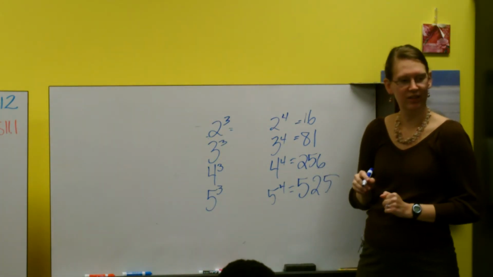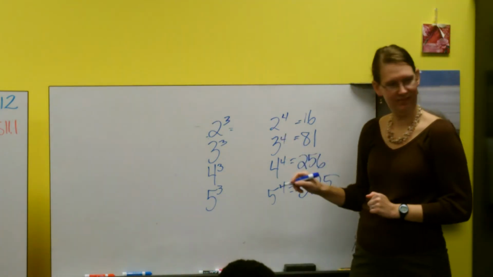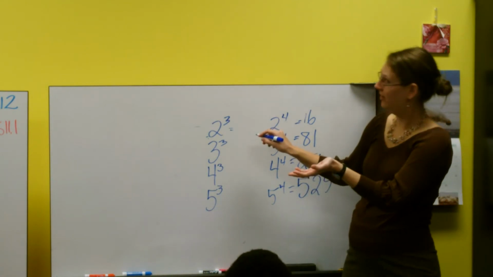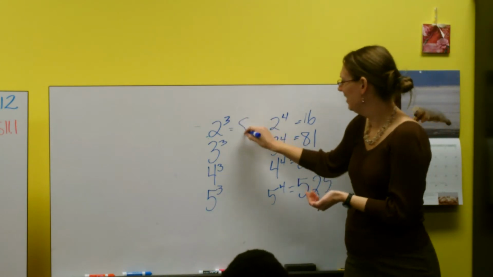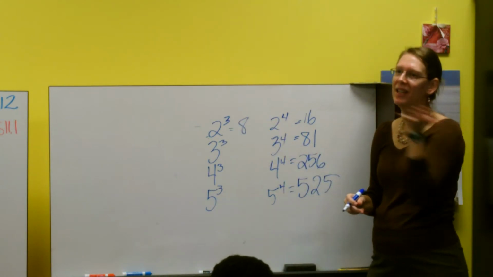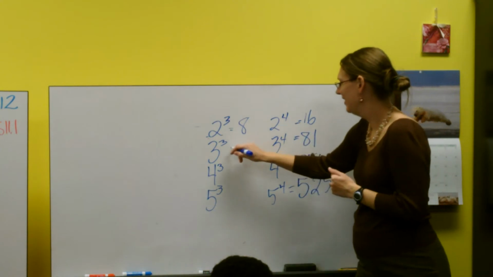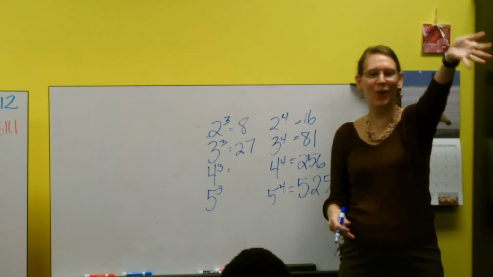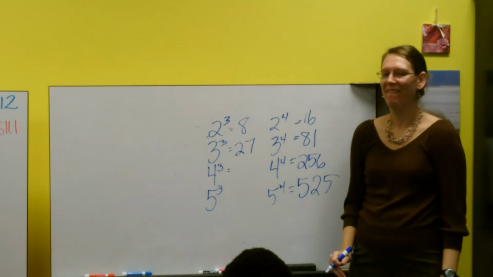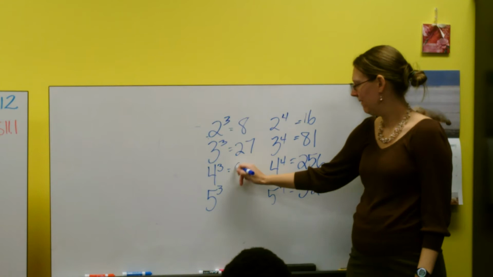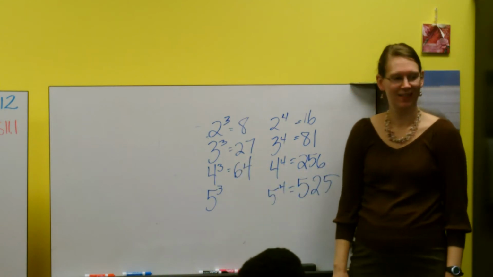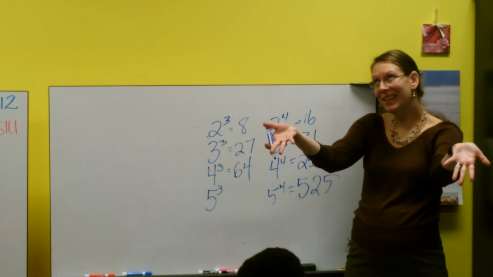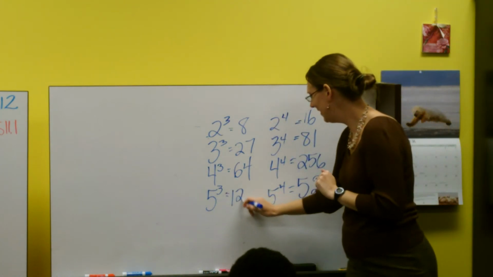You guys talk it out. 2 times 2 is 4, 4 times 2 is 8. 3 times 3 is 9, 9 times 3 is 27. 4 times 4 is 16, times 4 is 64. 5 times 5 is 25, times 5 is 125. Good, Tamika.